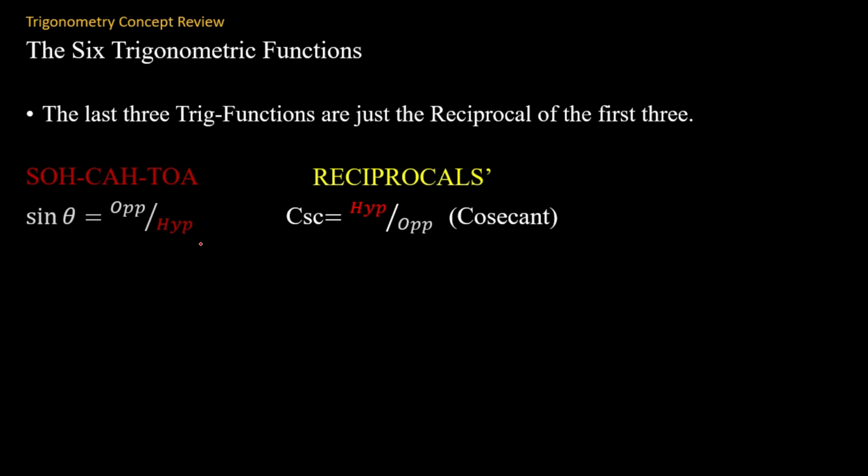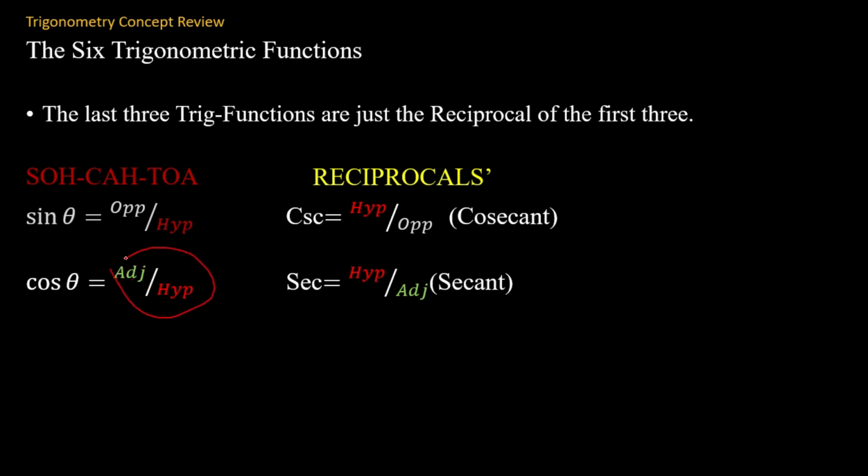Then when we look at cos theta, it is adjacent over hypotenuse. Its corresponding reciprocal is sec. So secant is hypotenuse over adjacent, just the reciprocal of this one. Let's look at the last one.